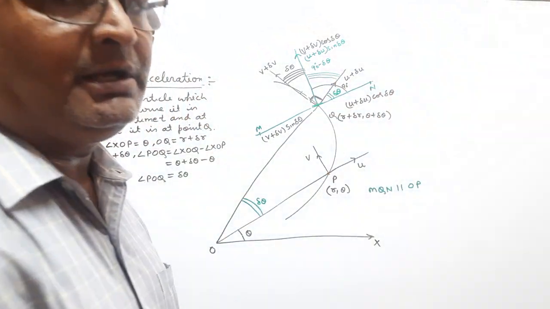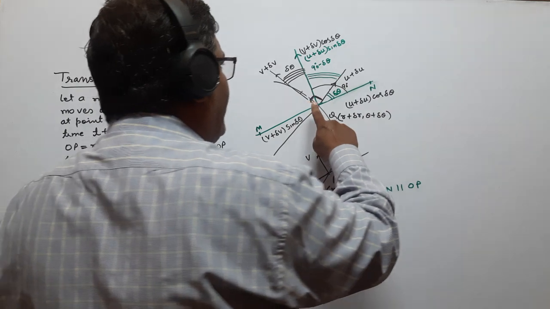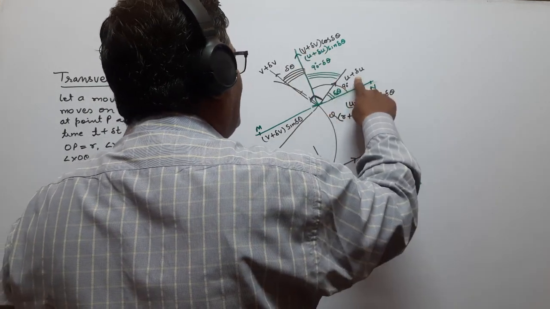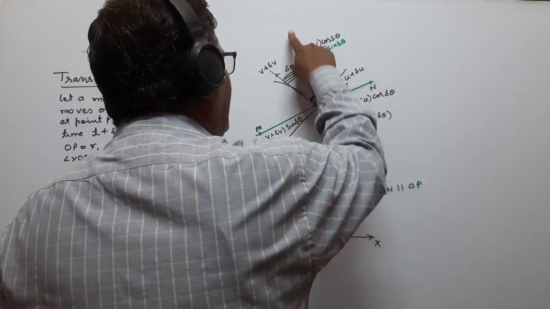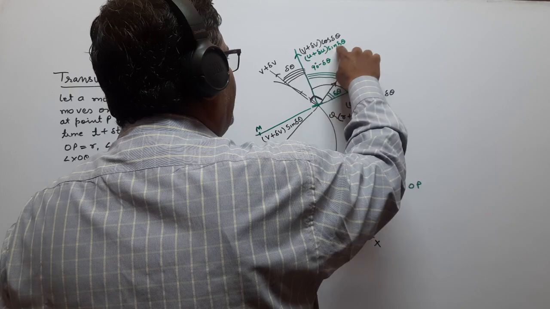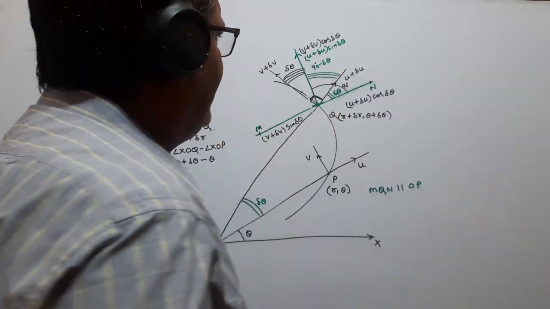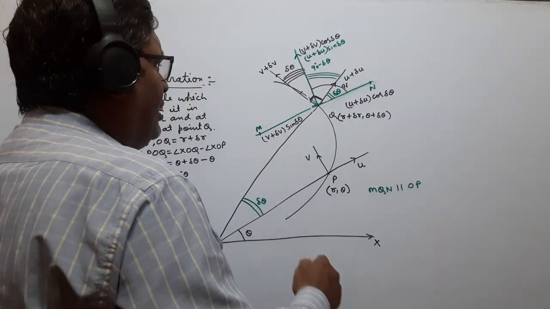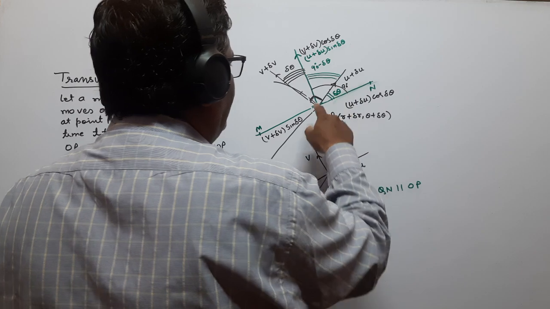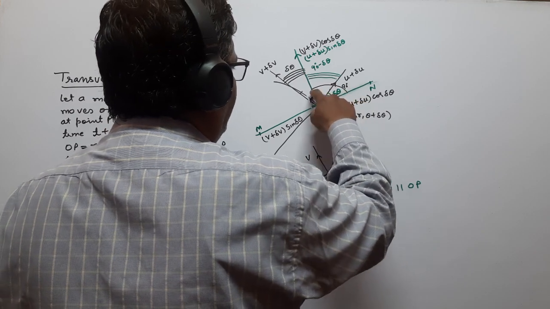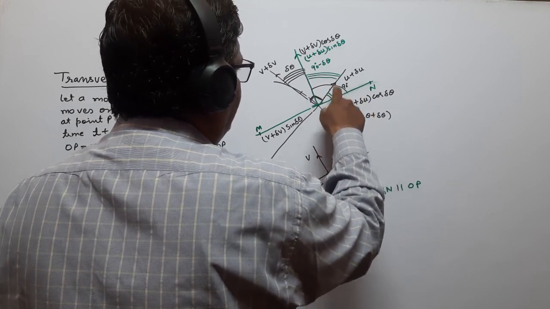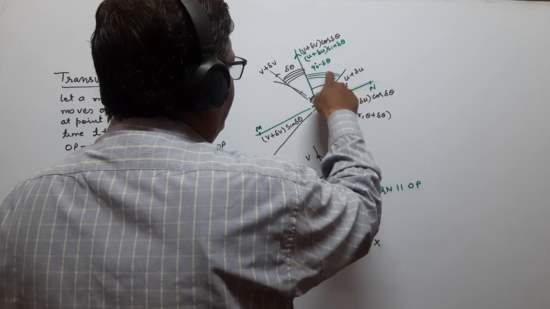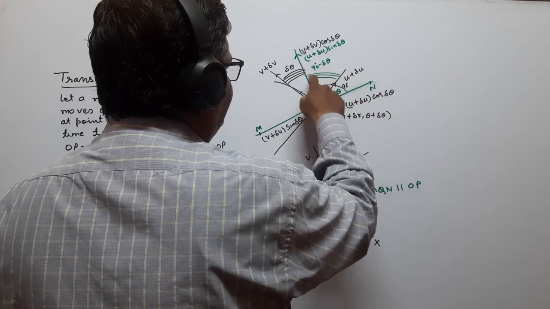This is the horizontal component. And the vertical component of u plus del u along this perpendicular line is u plus del u sin del theta. Now we can see here this whole angle is 90 degree and this is del theta. So this angle becomes 90 minus del theta.